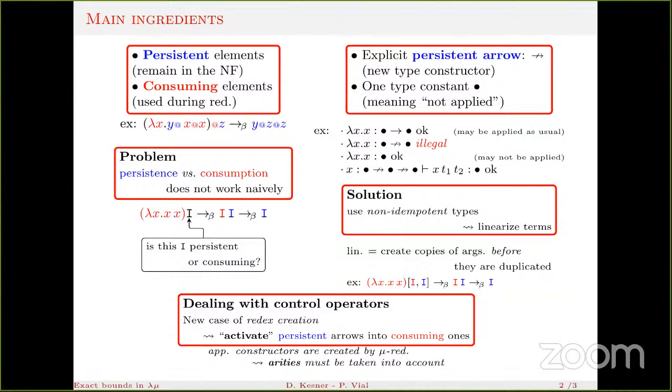So yeah, it's a good question. My feeling is that on one side, you have a system which captures exact measures in the lambda calculus. On another side, you have a system giving you exact measures in lambda calculus.